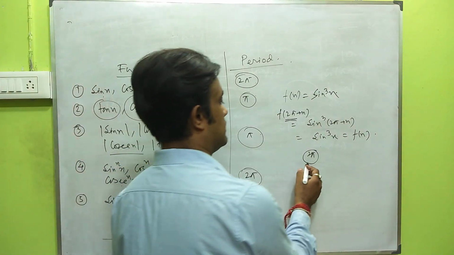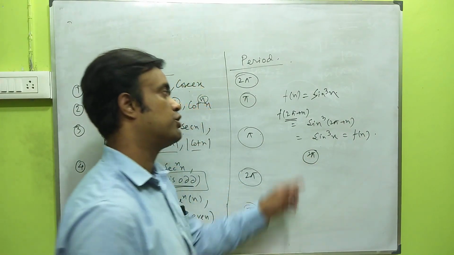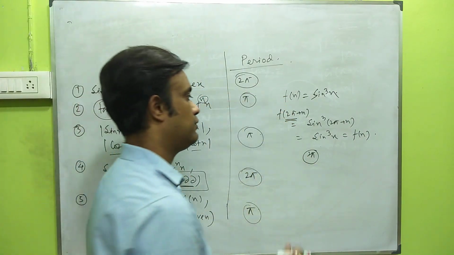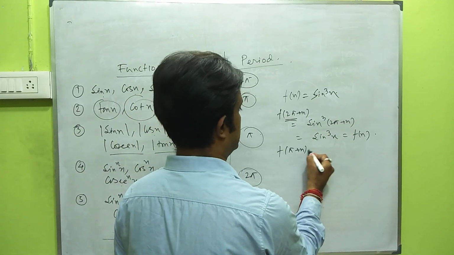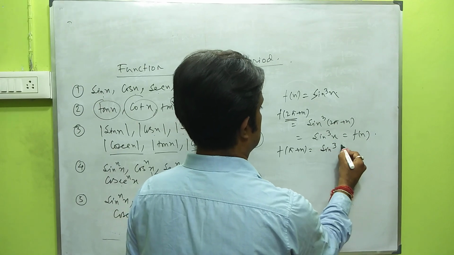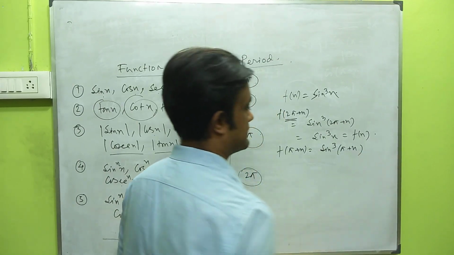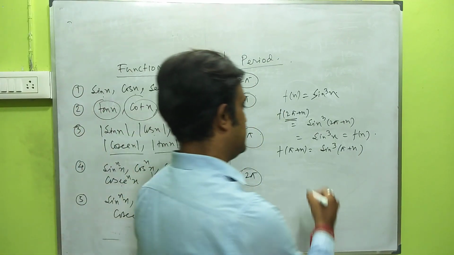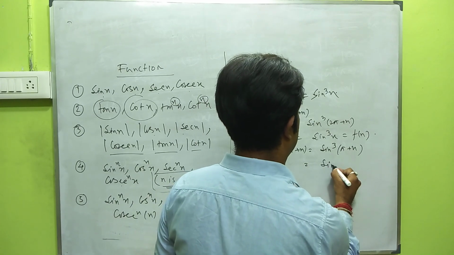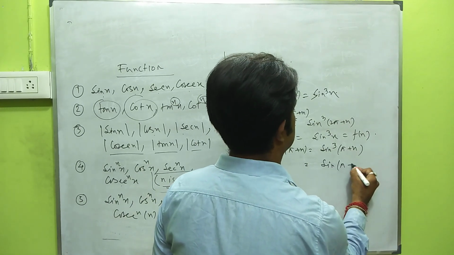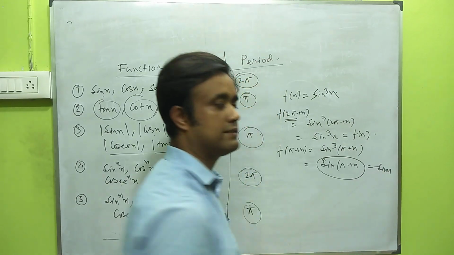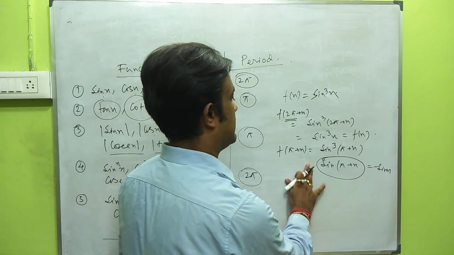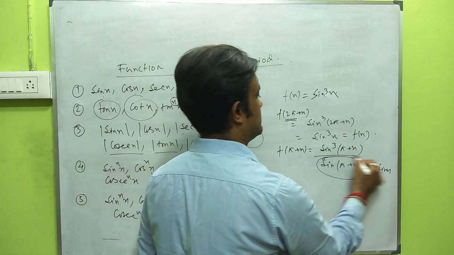If we put the period of this function as π, then what will happen? f(π + x) will be sin cube(π + x), and we know sin(π + x) is equal to minus sin x.